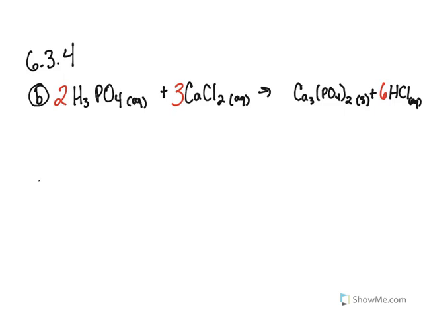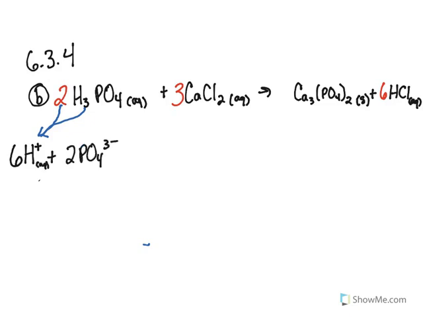So now I'm going to go ahead and write the total ionic equation, remembering to keep track of my subscripts and my coefficients. And in this case, I'm actually going to have to do some multiplying to keep track of both. So I'm going to have 6 H pluses because 3 times 2 is 6. And then I'm going to have 2 PO4 minus.